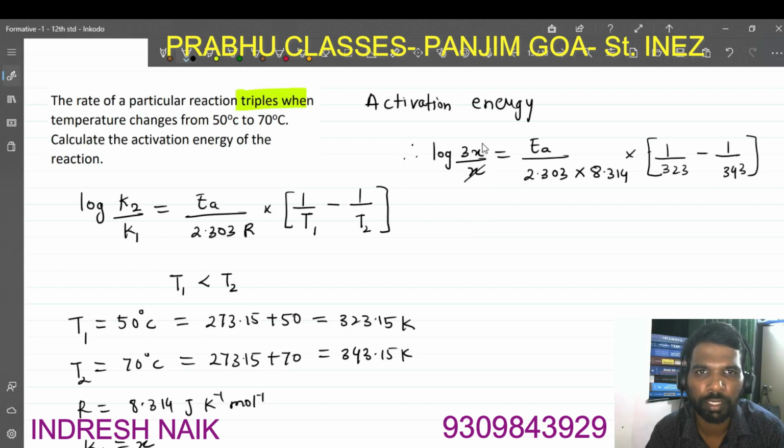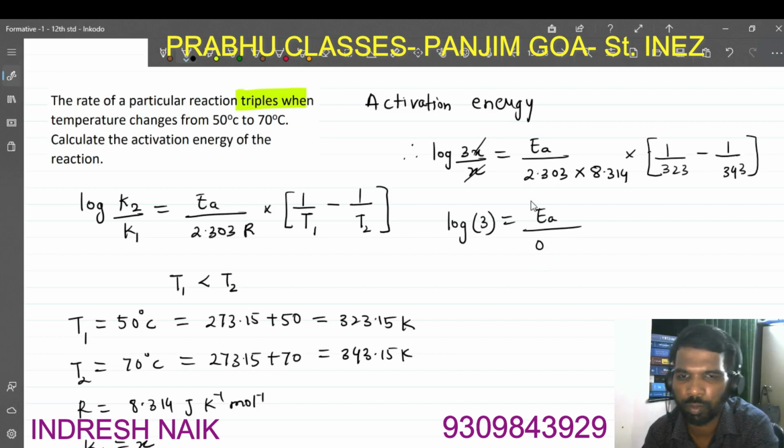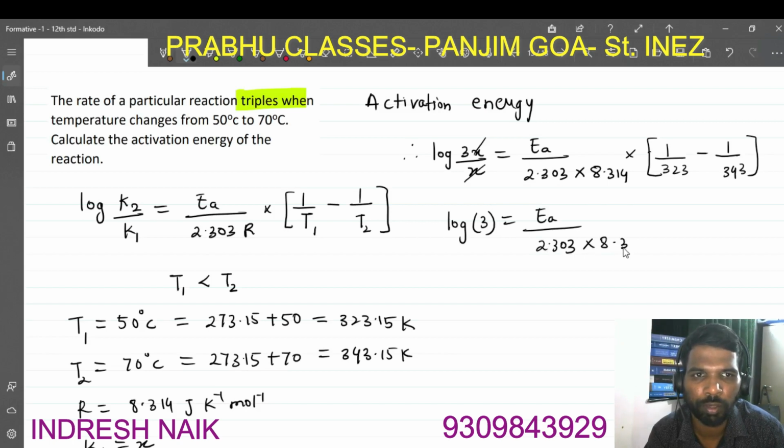So this X and X will get cancelled. What remains is log of 3. This is EA over 2.303 and 8.314, in bracket 323, 343, and this will be 343 minus 323.